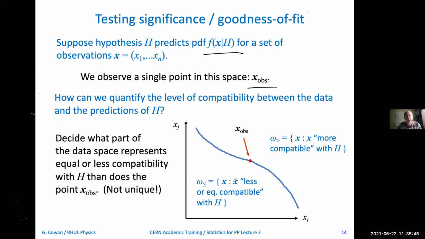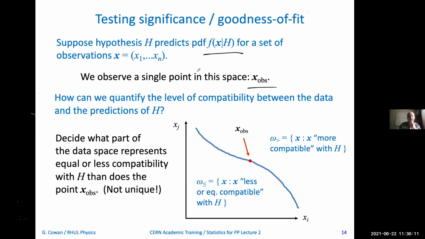Now, there are some subtleties involved here in saying, what does it mean for this point over here in the lower left to be less or equally compatible with H? How can I give meaning to that statement? That's a subtle point. What I'll just say is that in order to say that a point over here on the lower left is less compatible with H, what you have to have in mind is that that same point is more compatible with some alternative.